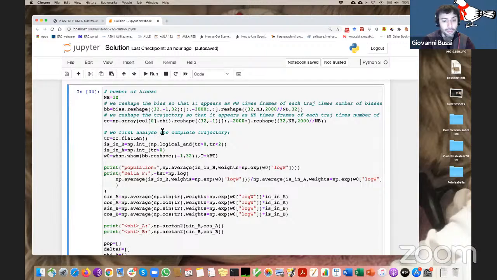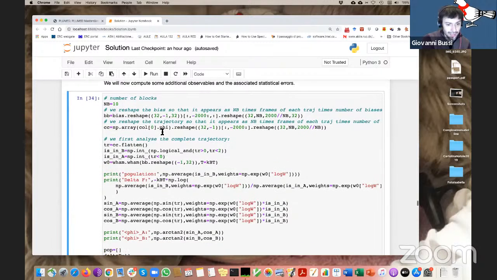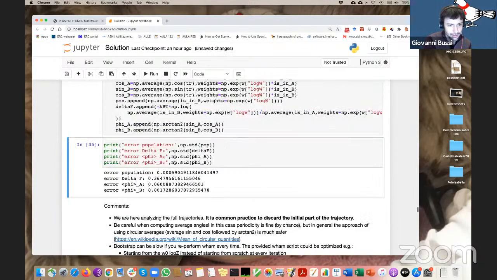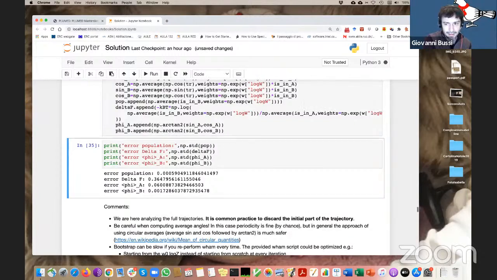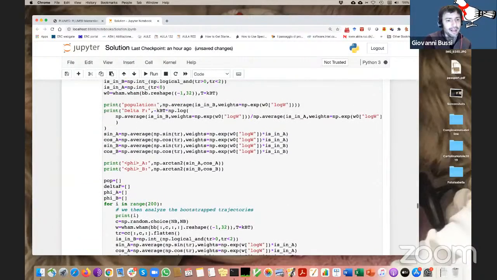With WHAM, you can compute the weight of each frame. And then once you have the weight, you can compute the average quantity of anything. So I will run this now, and because this takes a while, I will use this time to do comments.